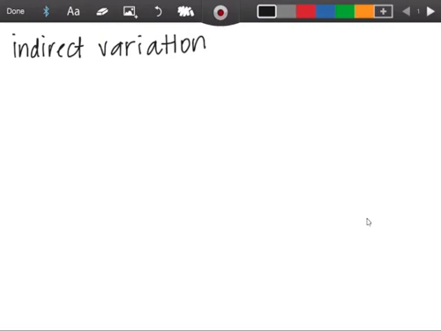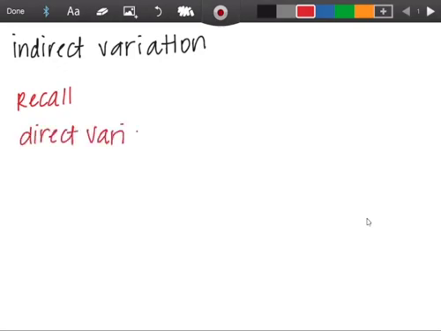So let's recall real quick. We're going to recall that direct variation is going to be defined as y equals kx, all right, where k is not equal to 0.